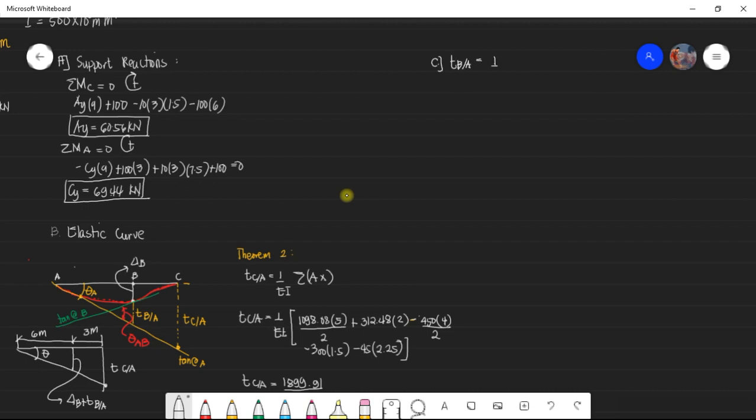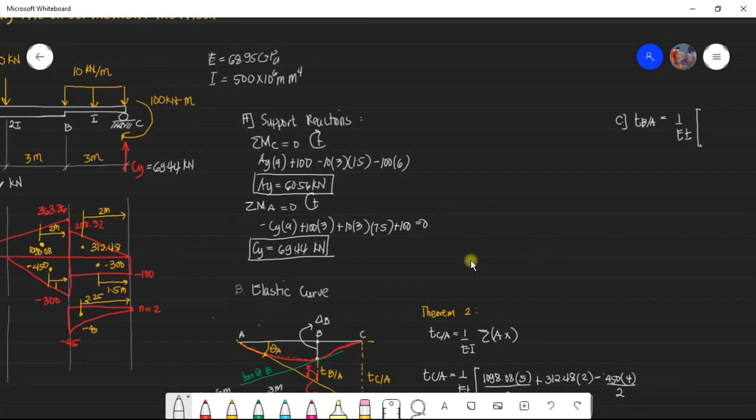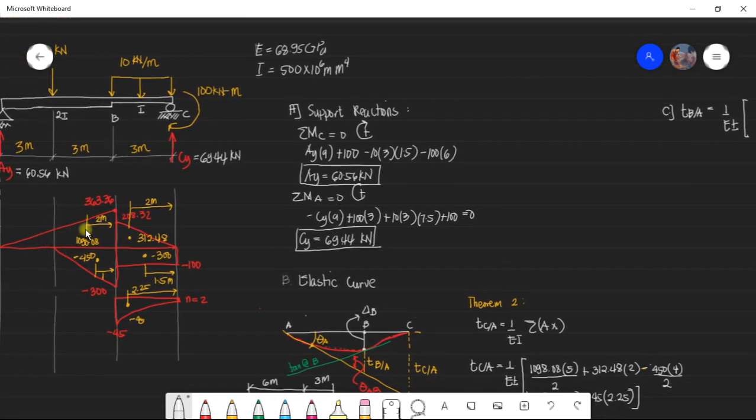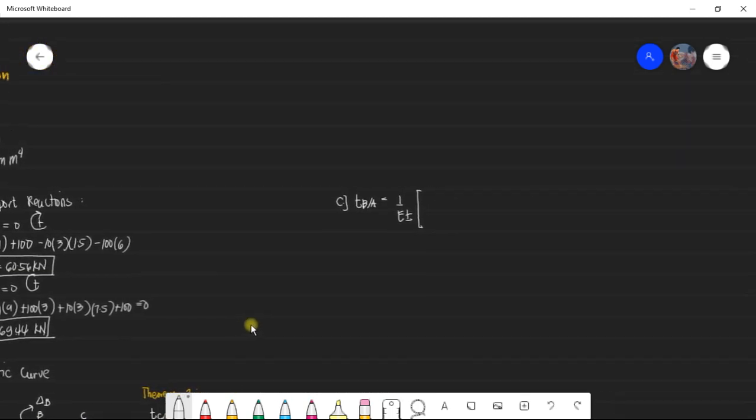So, 1 over EI, I'll go straight. So, AB only. Just AB, we only take two. So, 1090.08, multiplied by 2 meters from earlier.